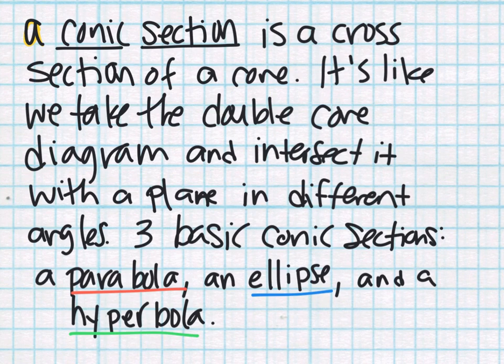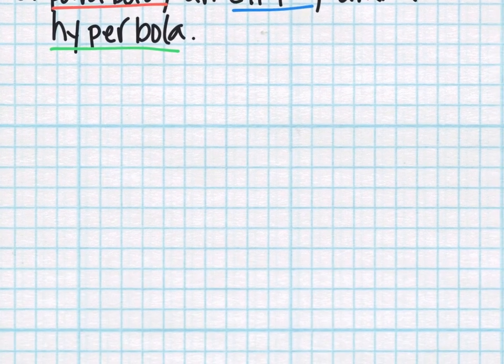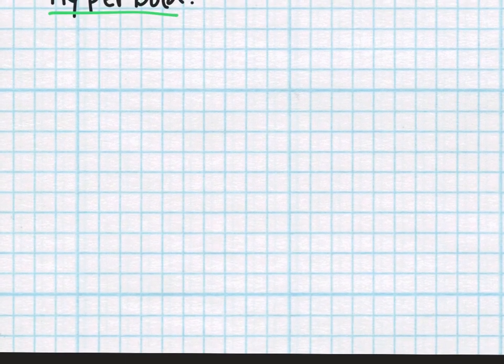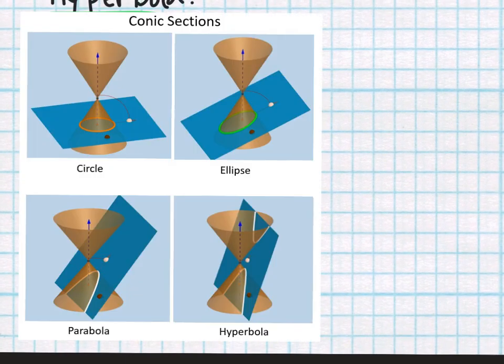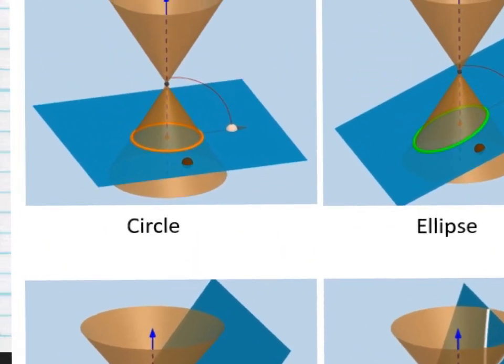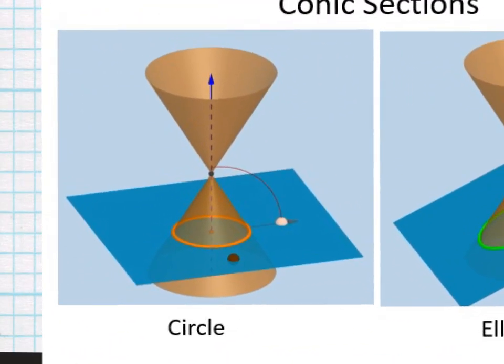So let's look at some pictures, because pictures are going to help a lot with this stuff. Alright, so let's take a look at each one of these. So you're going to want to draw each of these in your notes. So the first one is not one we wrote down, circle.